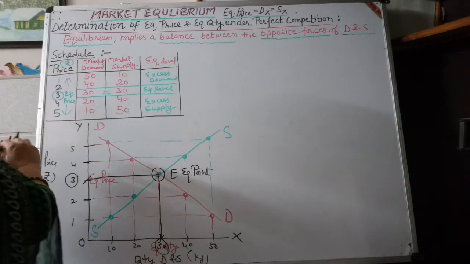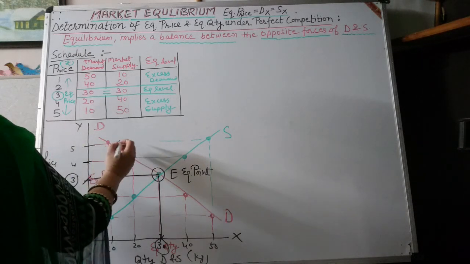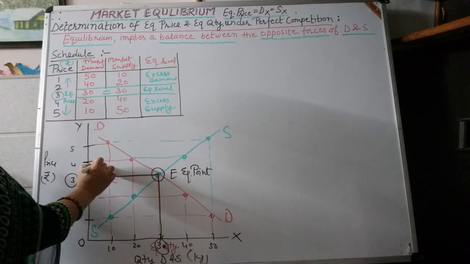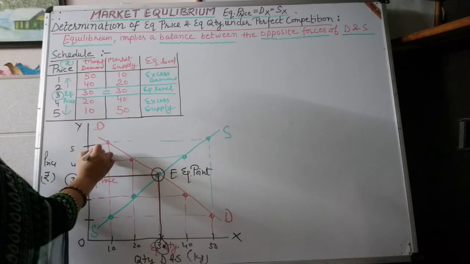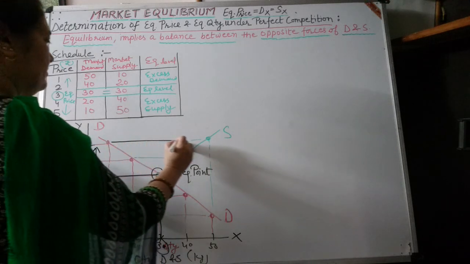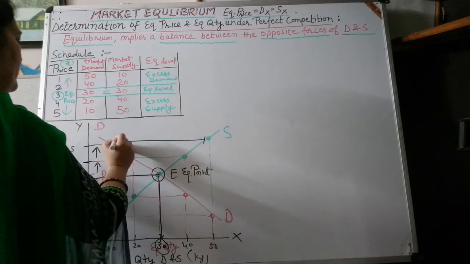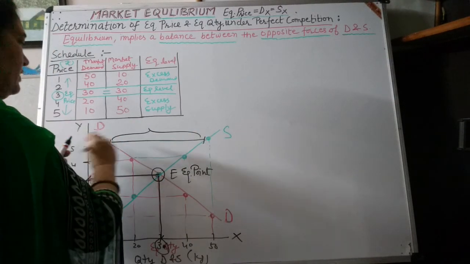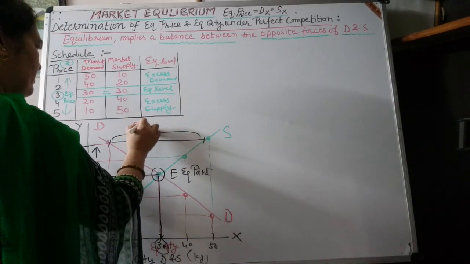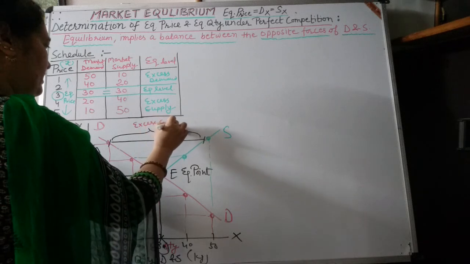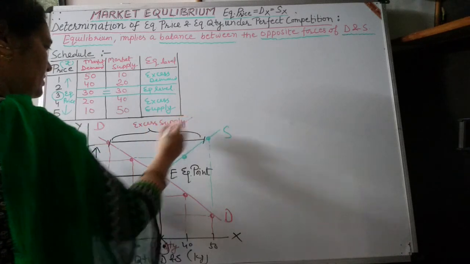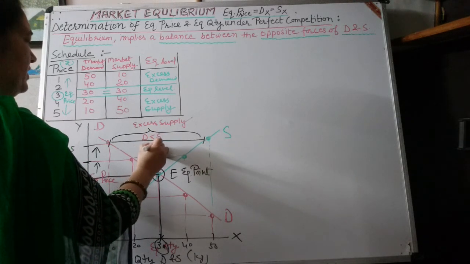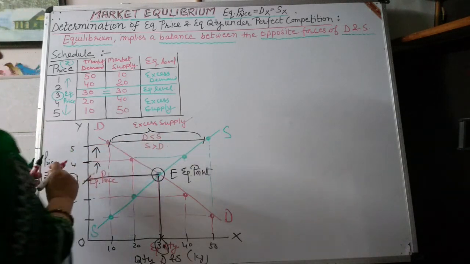Now let us see what happens if price exceeds the equilibrium price. This is a situation of excess supply in the economy, because here demand is less than supply, or supply is greater than demand.